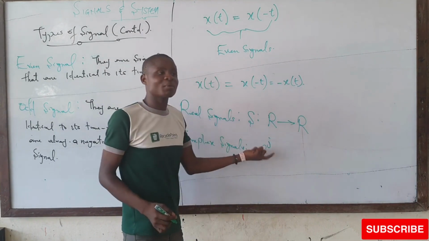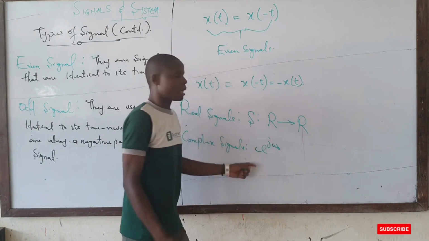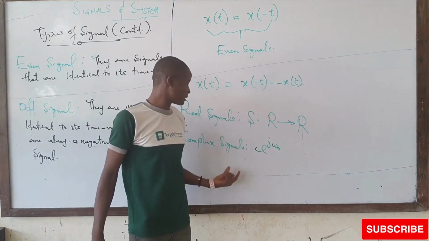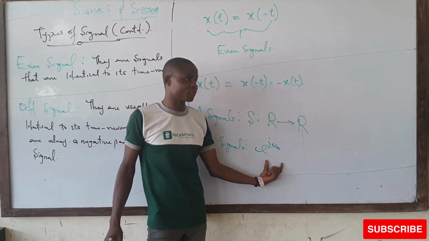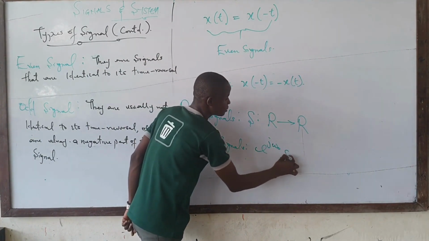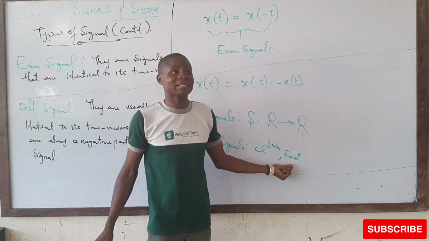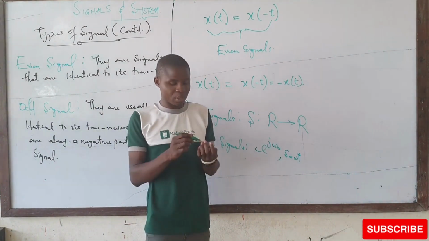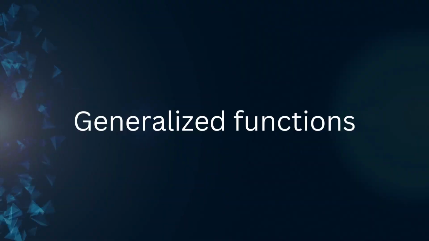You must have seen this while we were doing periodic and aperiodic signals. Complex signals can be represented with this angular form. Even your sine of wt is also a complex signal. It can be taken towards a complex signal. So a complex signal can be represented by a complex field.